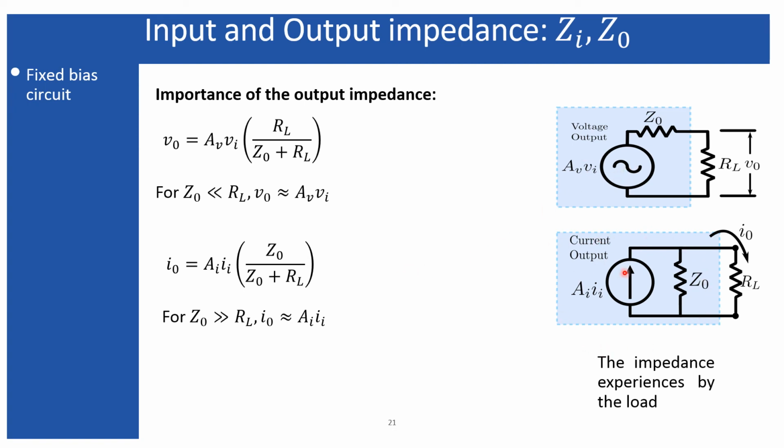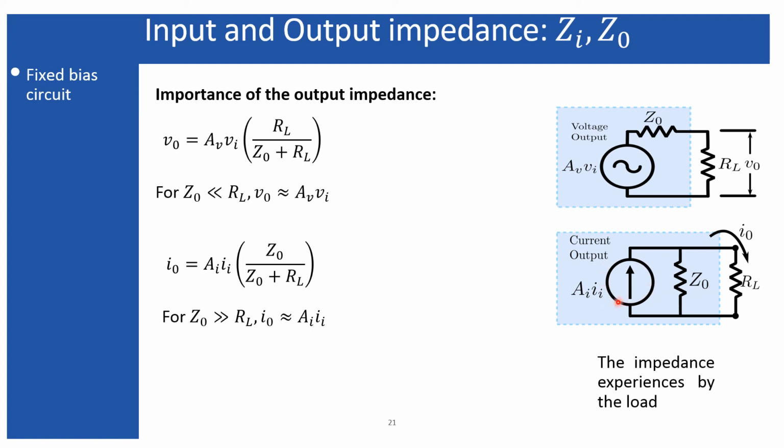Similarly, for the current output case, the amplified current will be represented by another current source, that's AI times Ii, as I have shown over here. And since the amplified signal is also a current, the output impedance for the current output also will appear in parallel, whereas in the voltage output, the output impedance was appearing in series. It is appearing in parallel with the current source.